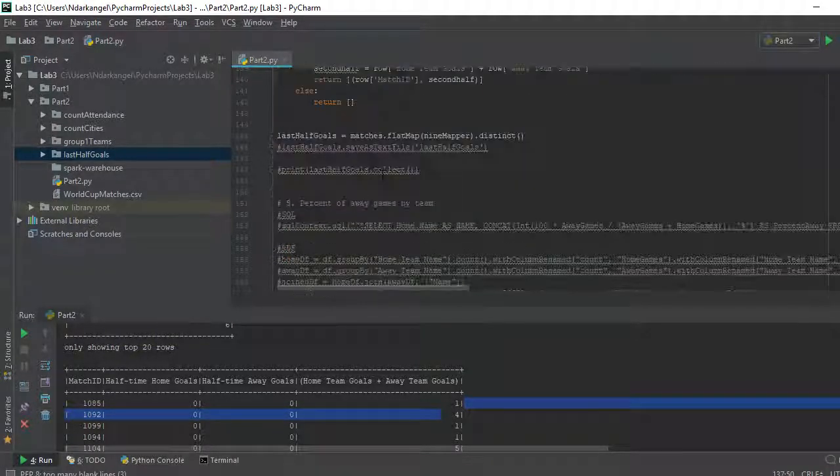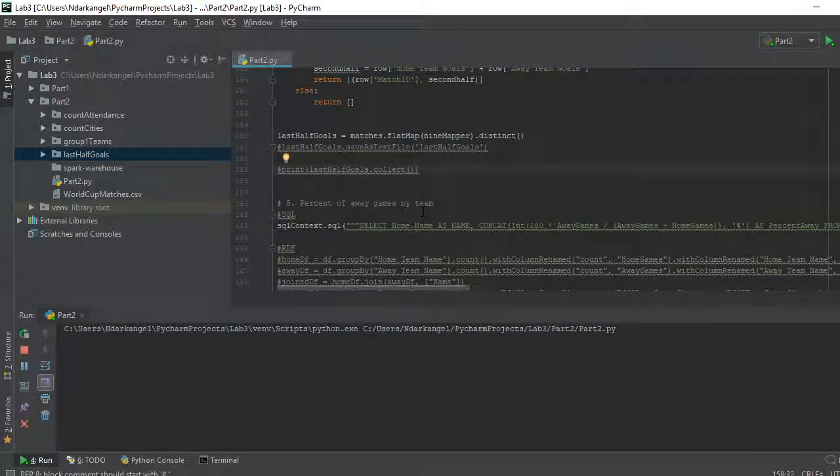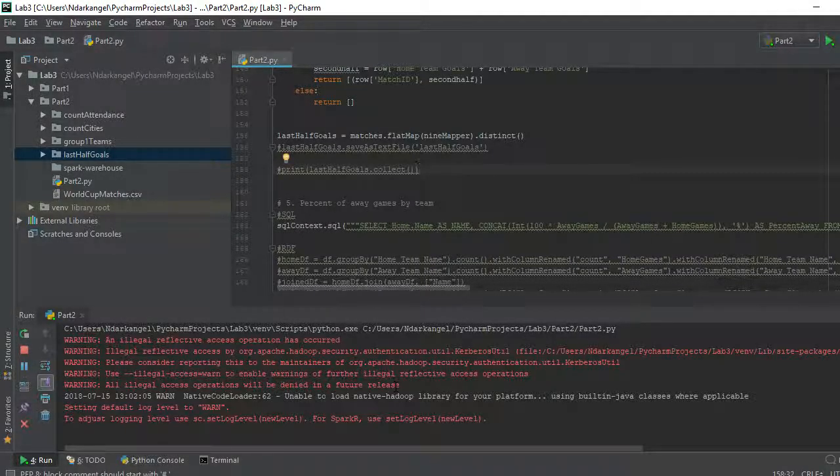And then one of the things we had to do was percent of games by team. We chose this part because this is one of the super complex requests we can ask from the database. This request actually works on my partner's computer, but when I run it on mine, it is not going to run, because my computer's processor cannot handle this request.